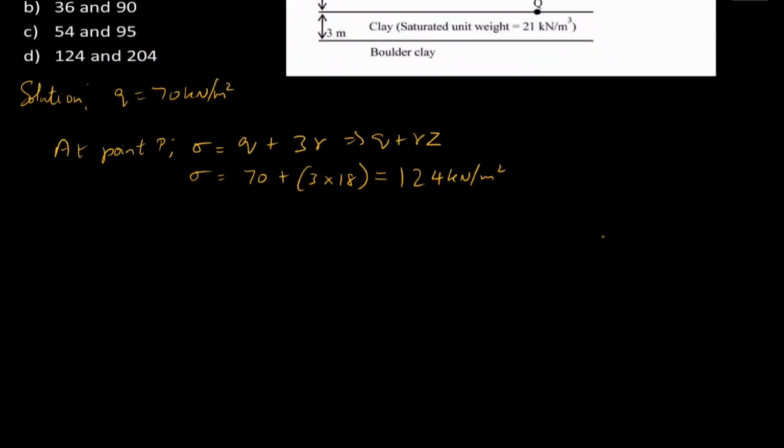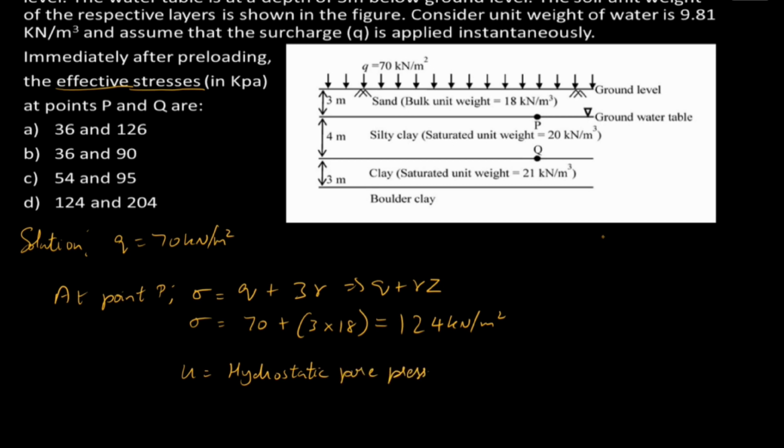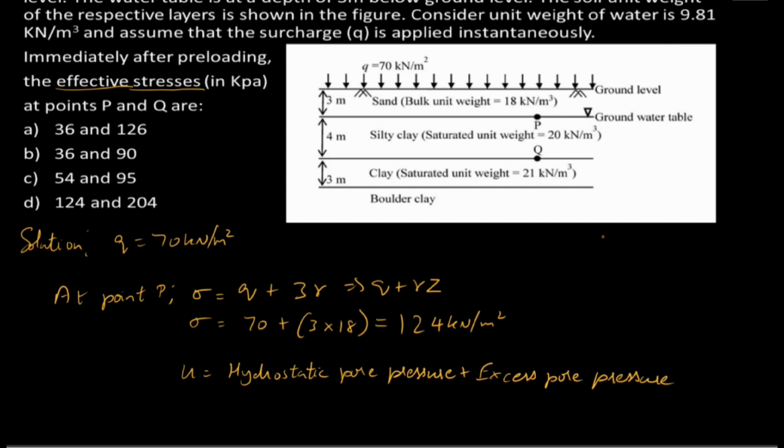Pore water pressure U is equal to, if you see the diagram, the water table is present at point P. So above point P, there is no water table. So pore water pressure will be equal to hydrostatic pore pressure plus excess pore pressure.